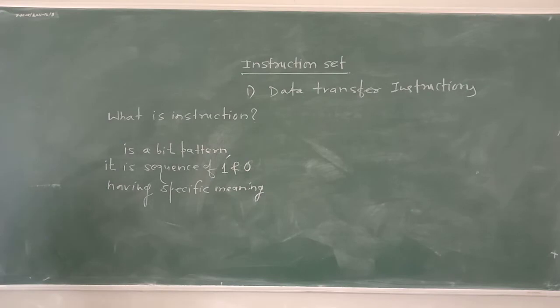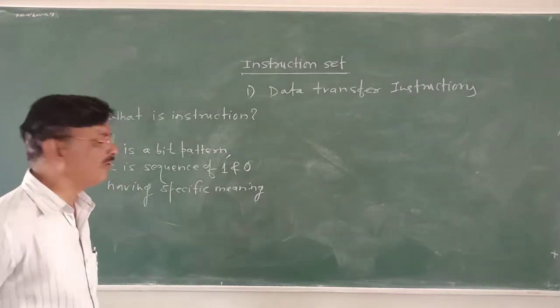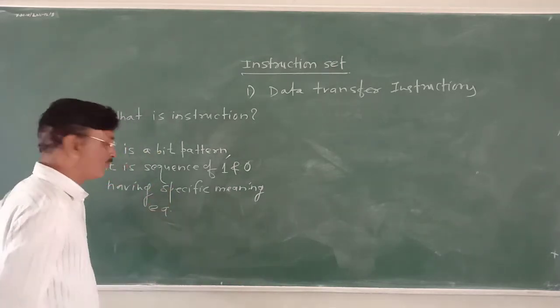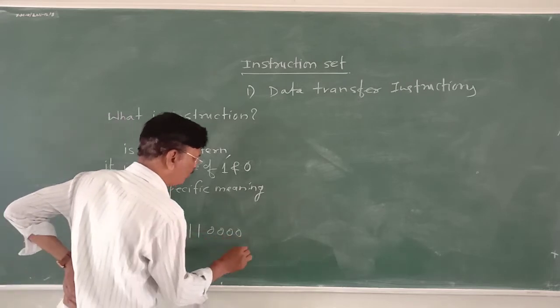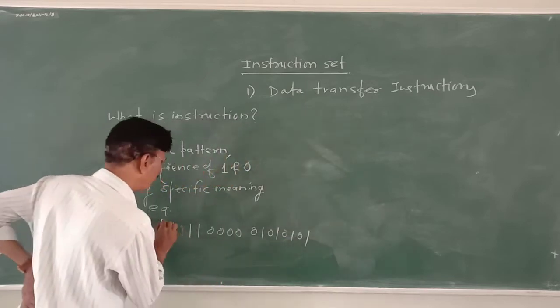Instruction is a bit pattern, a sequence of 1 and 0 having specific meaning. Example: 1 1 1 1 0 0 0 0 0 1 0 1 0 1 0 1. So this is the instruction.